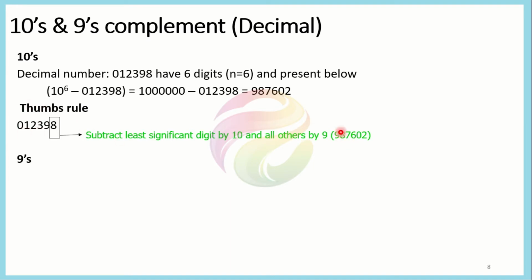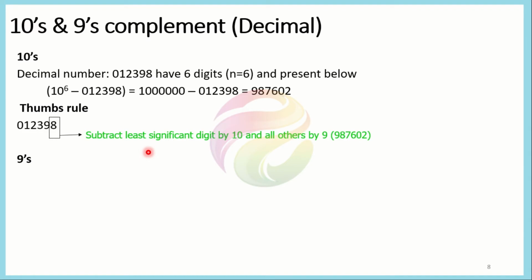Then 9 minus 8 will result in 1. 9 minus 1 will result in 8. And then 9 minus 0 will result in 9. So in this way, you can see this result is the same as this. So in this way, you can easily, or you can say quickly, calculate the tens complement for any given number system. You just need to remember this thumb rule.